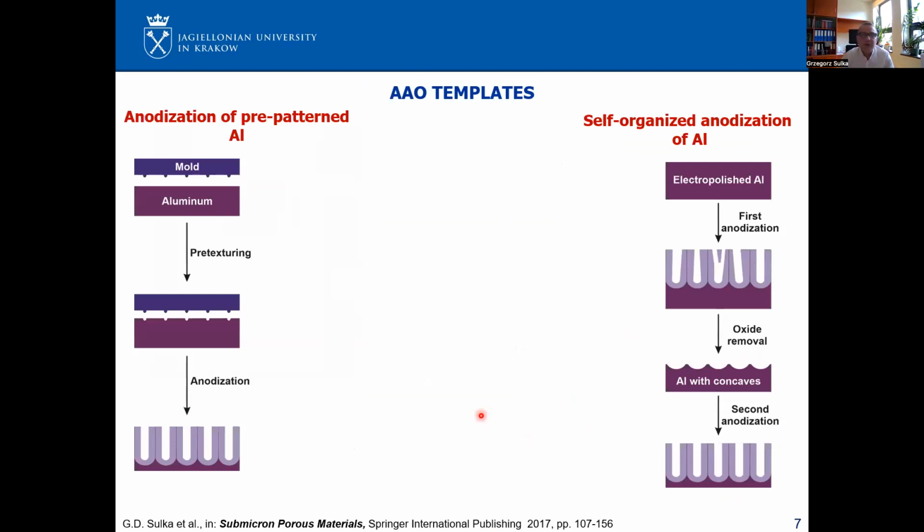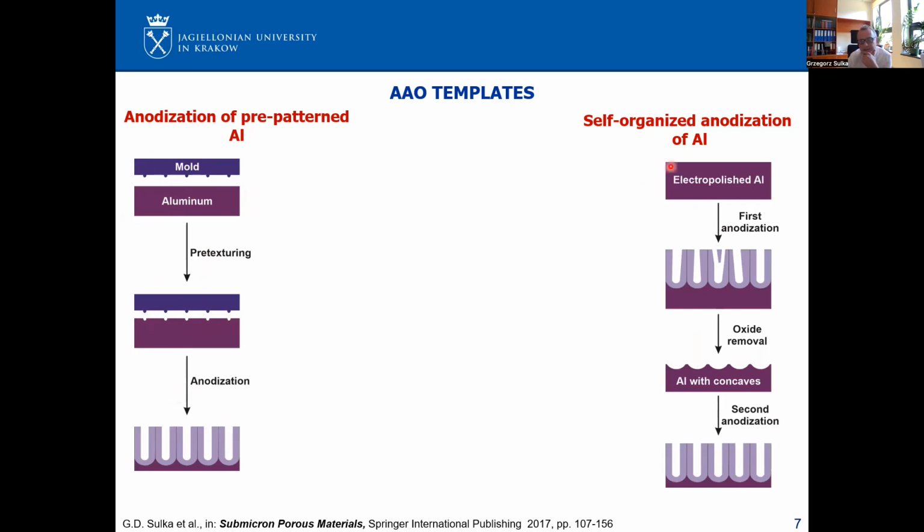When it comes to anodization of aluminum, which has been known for almost 100 years, there are two different approaches to do that. The first one is based on using a substrate which was previously pre-patterned by using a mold, for instance, and such a pattern on the substrate acts as nucleation sites for generation of pores during anodization.